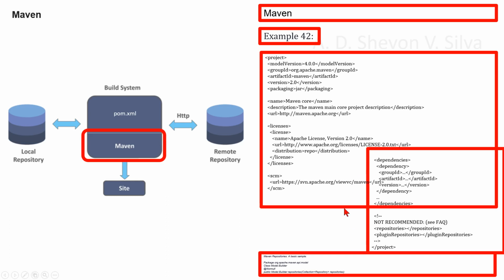With the API we can consider the method @NotNull public Model.Builder repositories(Collection type parameter repositories) in class Model.Builder in package org.apache.maven.api.model. Not recommended, this part.